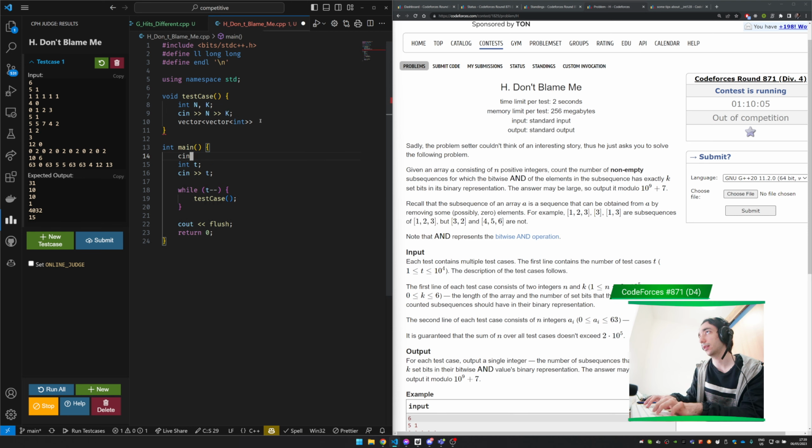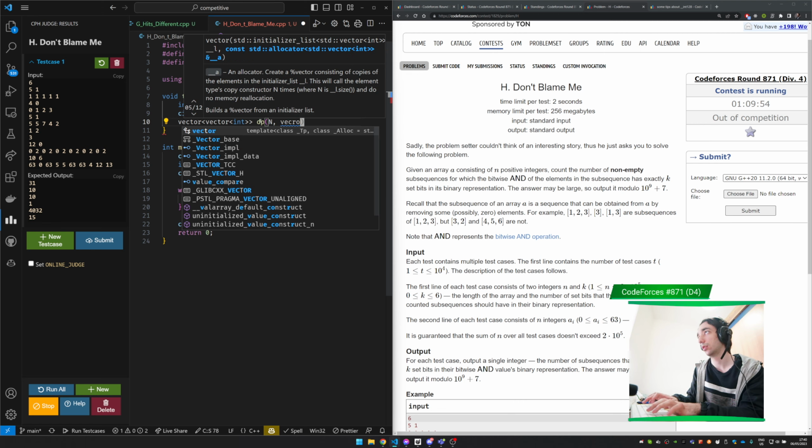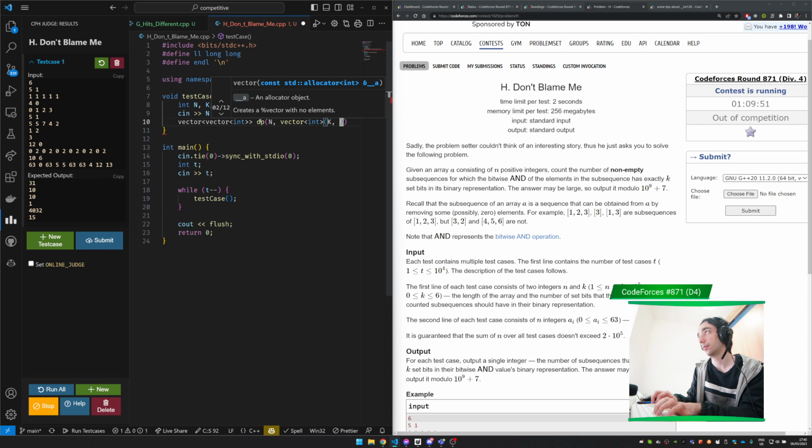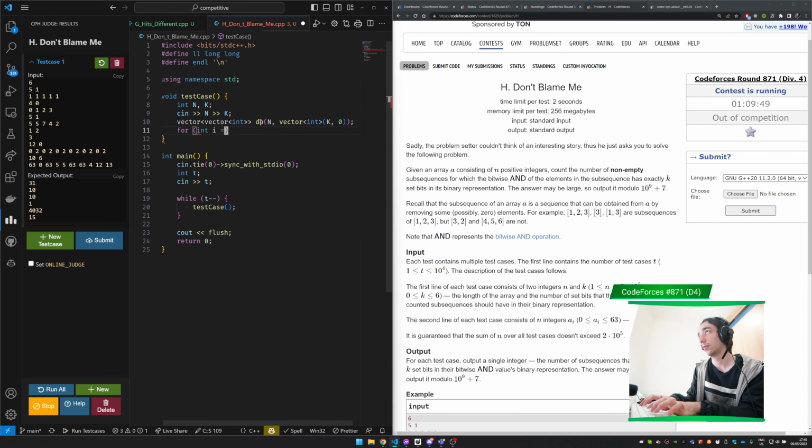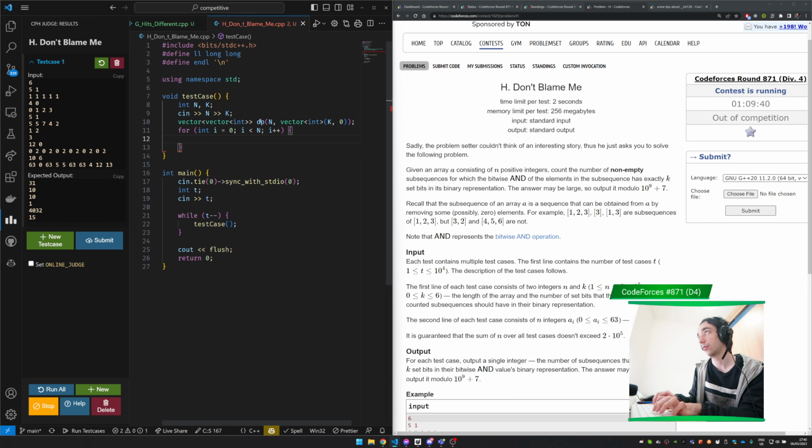Let me just add fast input. But I think that DP should work. Not K, 64.